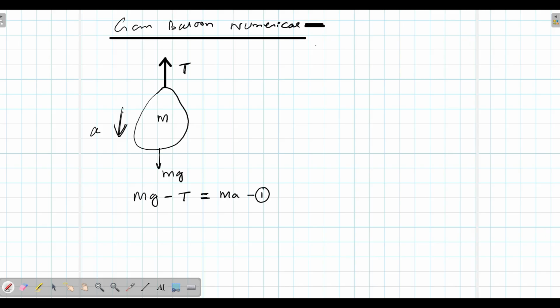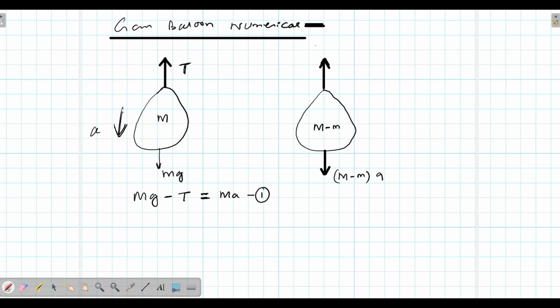When some amount of mass gets released, the remaining mass is capital M minus small m. So this is (M minus m) into g.